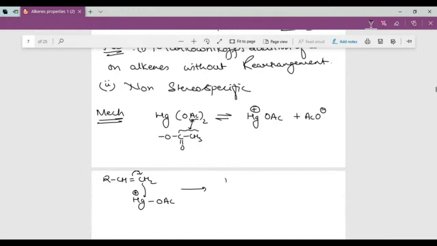Certainly there is a formation of carbocation on this side. But mercury, being a d-block element, has lots of lone pairs on its outer shells. It can immediately form a bond with this carbon.